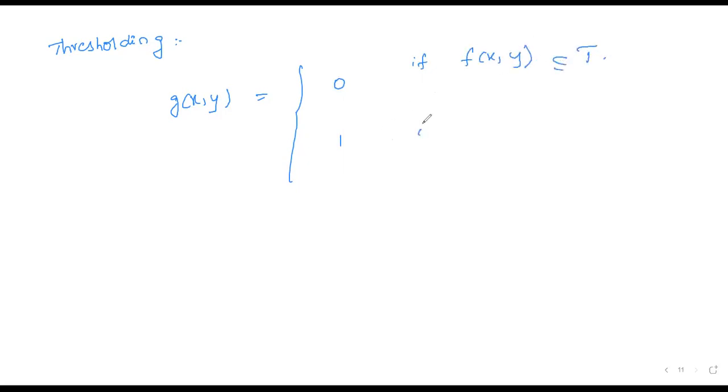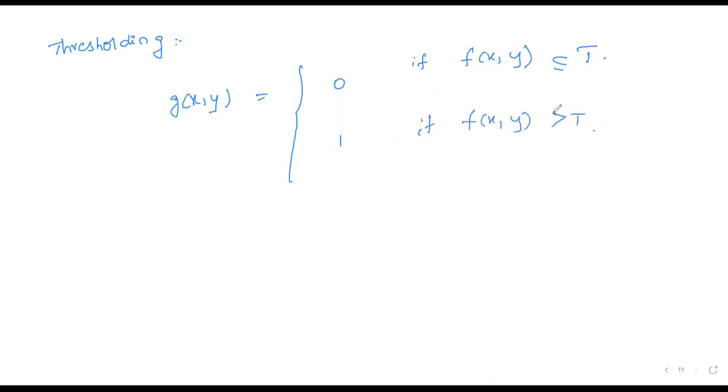Next, similarity. In similarity, the first one is thresholding. What is meant by thresholding? Thresholding means we divide the image into two parts. The thresholding function is given as g of x equal to 0 or 1, where we set some threshold value T on the original image.